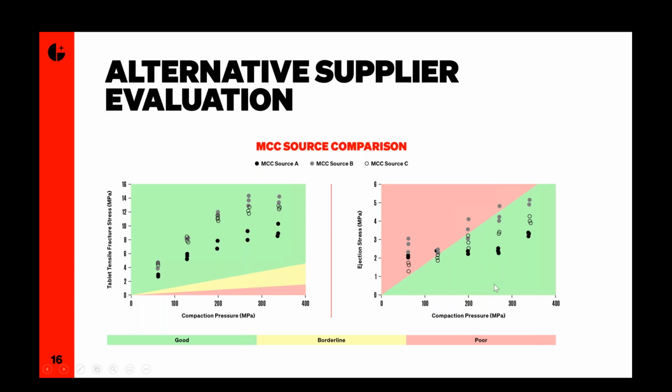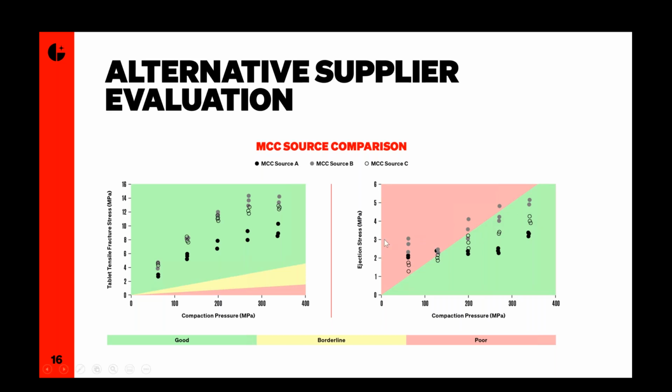Then if you look at the ejection stress graph, you can see that source A actually has the lowest ejection stress values. So this is the one that would require the least amount of lubrication, and it's less than our current source C, whereas source B is showing higher ejection stress values, so would require greater lubrication.